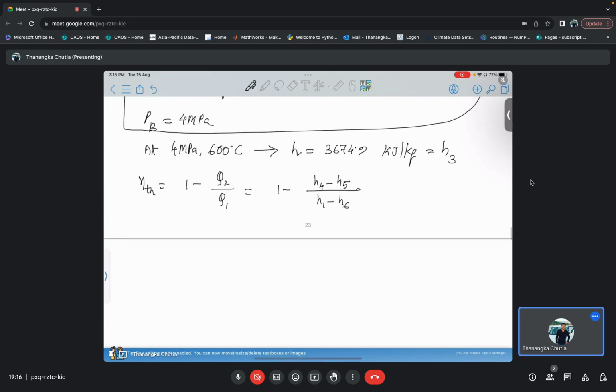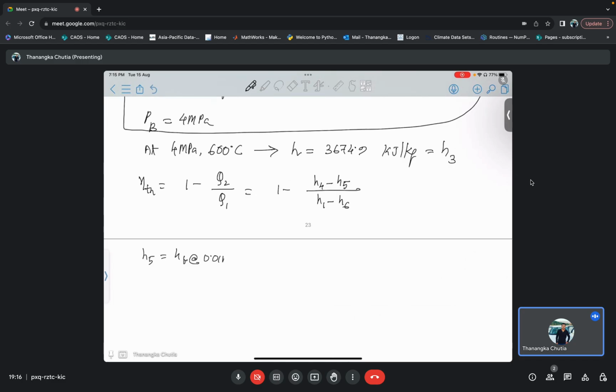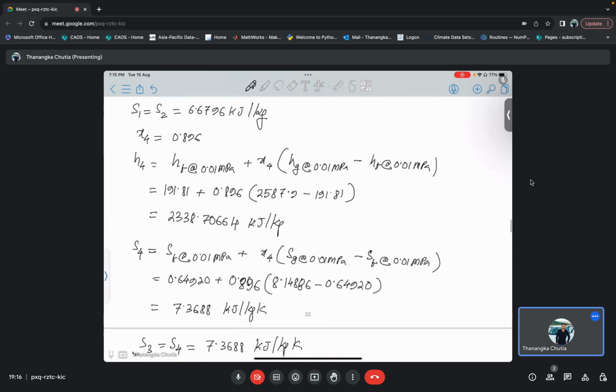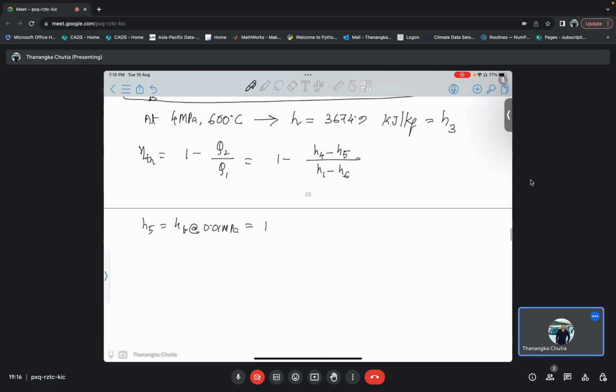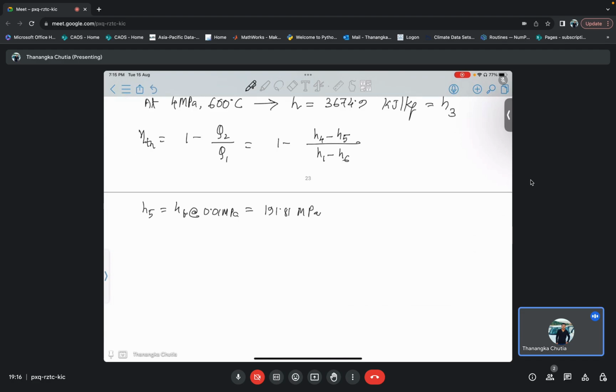What is H5? Your H5 is HF at 0.01 megapascal, and HF at 0.01 megapascal is 191.81. Then how can we find H6?